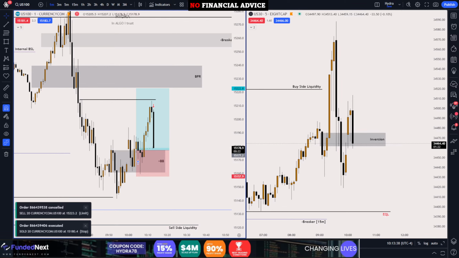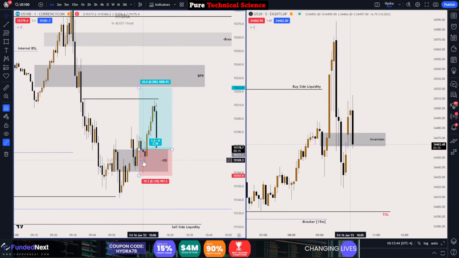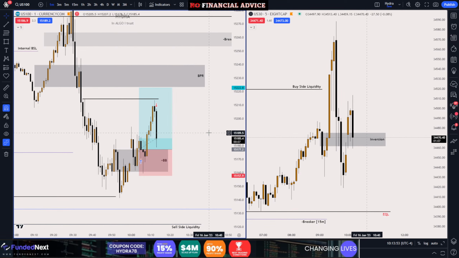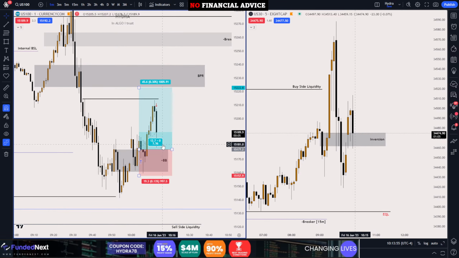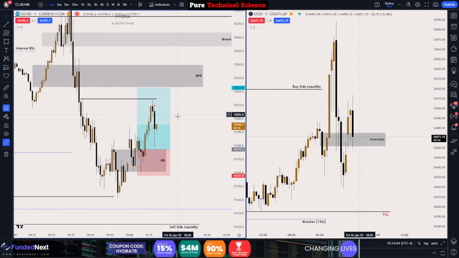I don't know what book he's talking about, but as you can see here, price activated our breaker block and then it moved towards the buy side liquidity. Then it aggressively dropped down without even hitting the BPR. Now, do you guys know why I didn't take this setup in my live funds? Yes, I can distinguish between trades, which one will hit my TP or at least give me a partial and which one won't.